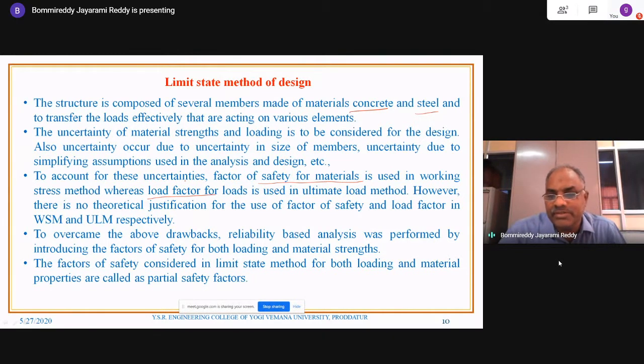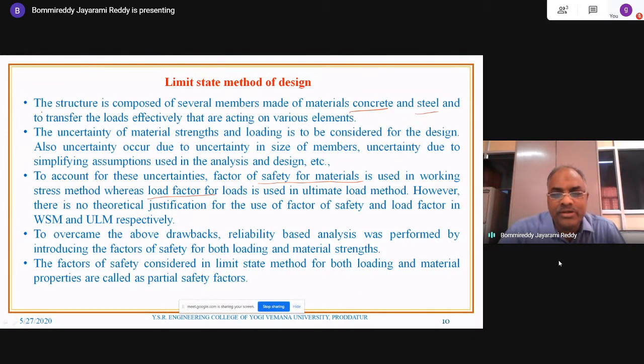However, there are many theoretical problems, and there is no exact justification for using a factor of safety only for materials and only for loads in the working stress and ultimate load methods respectively, and those methods are now outdated.